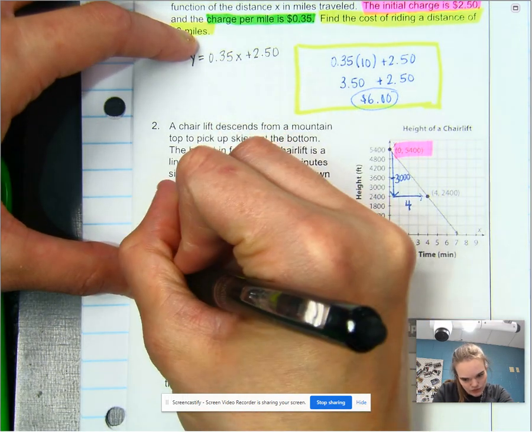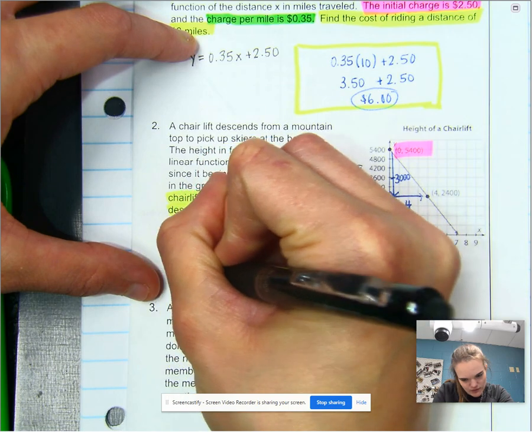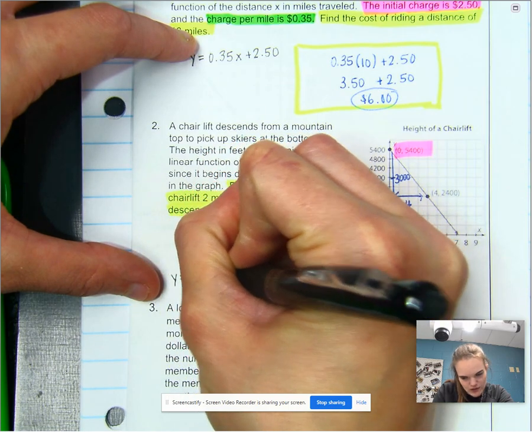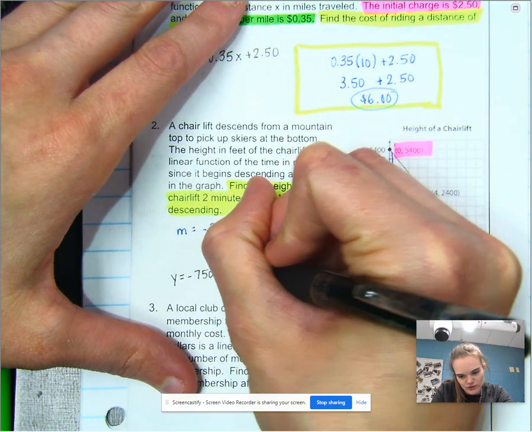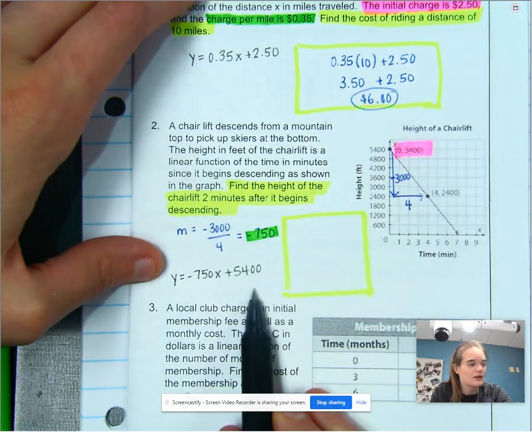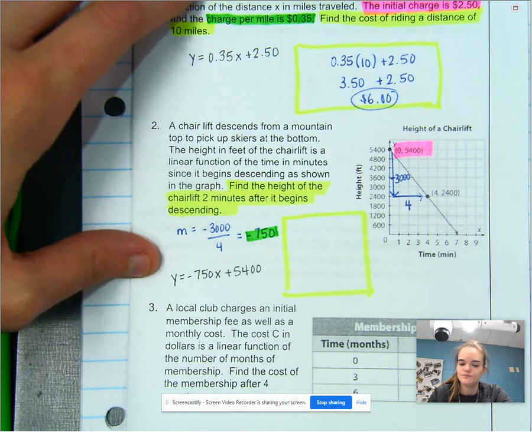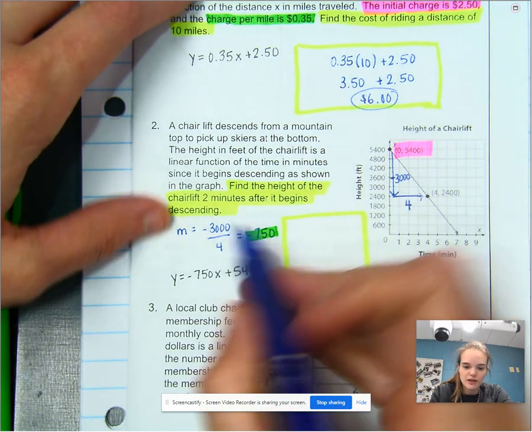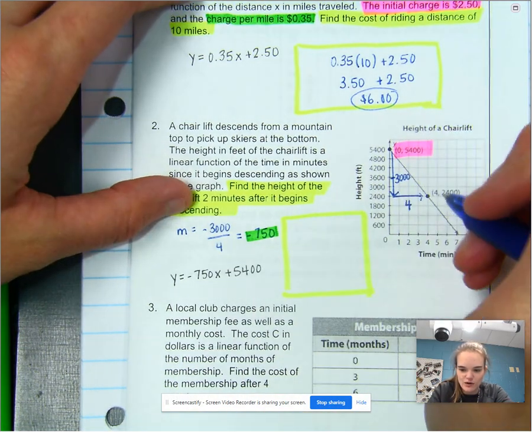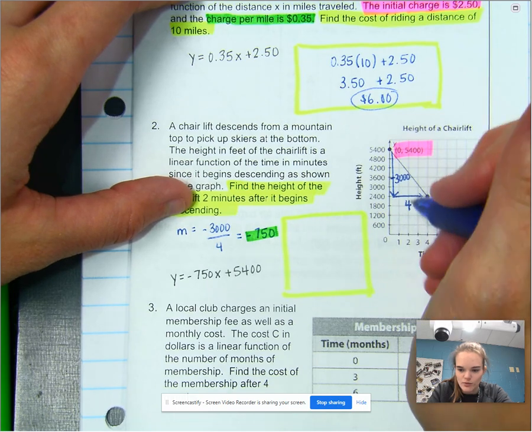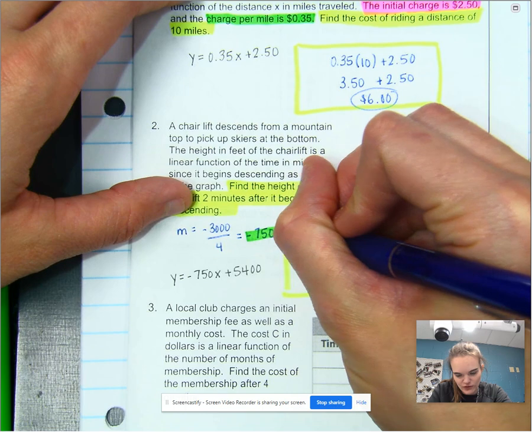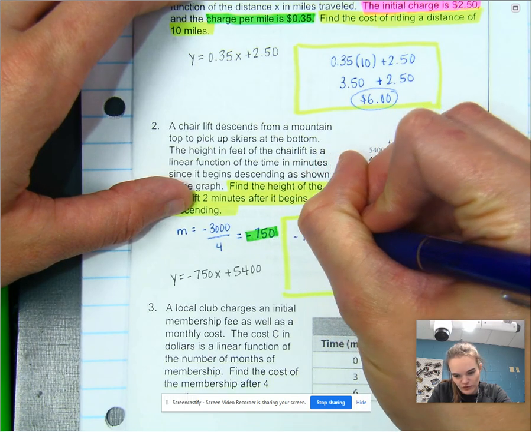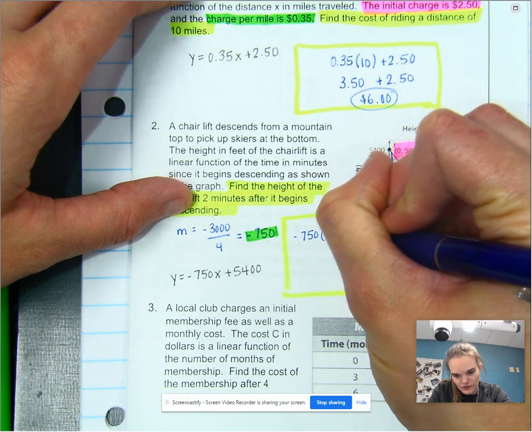So y equals negative 750x plus, because it is positive, 5,400. There's part of the answer. Let's get the other part. We are going to plug in 2 minutes to see how it will look on the graph. We also could look at the graph and see what it is. All right, negative 750 times 2 plus 5,400.